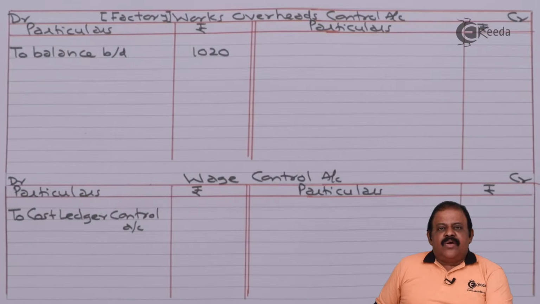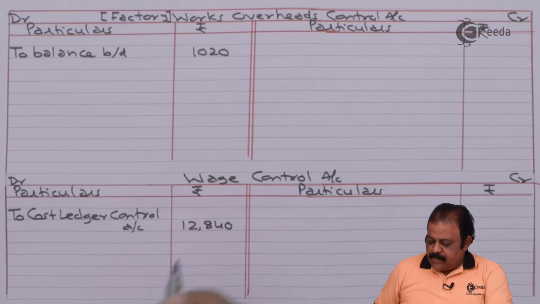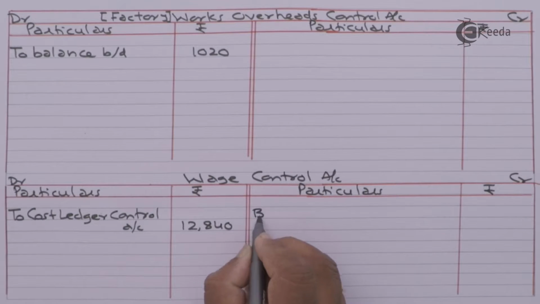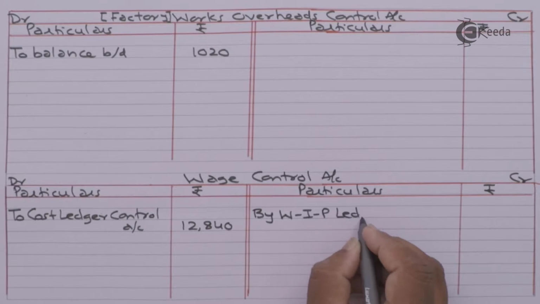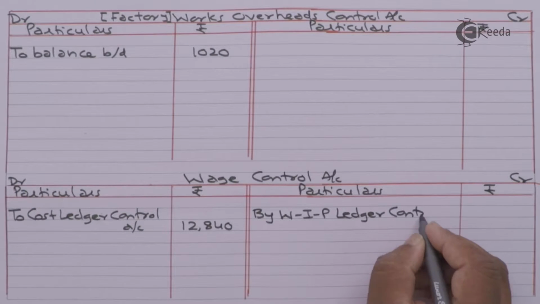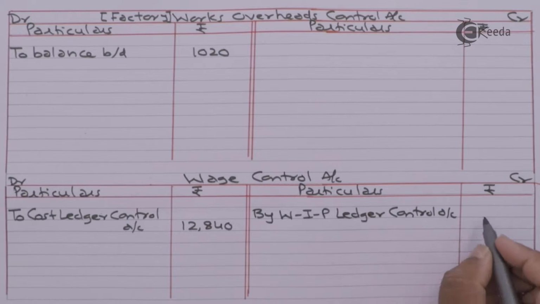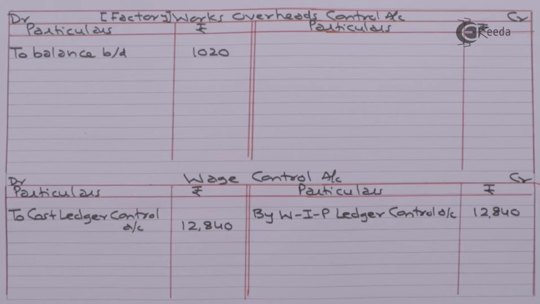To cost ledger control account 12,840. This will be credited to work in progress account. By work in progress ledger control account 12,840.